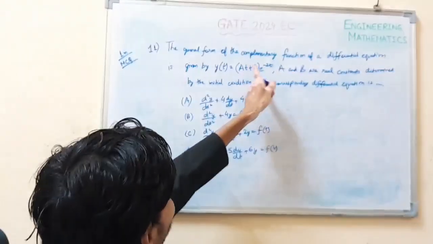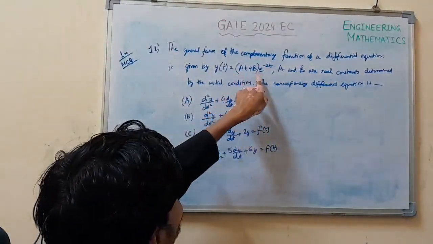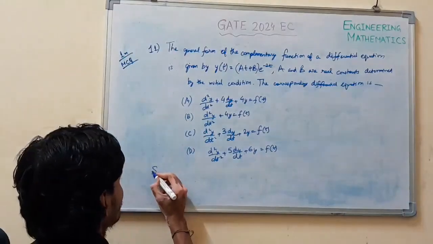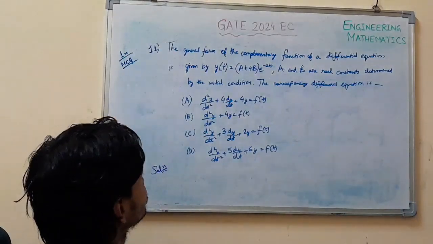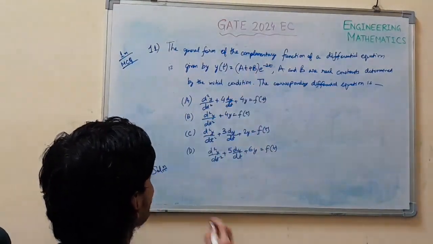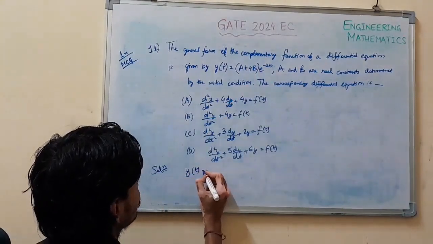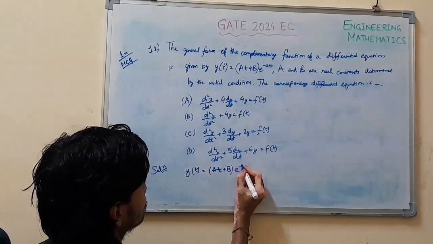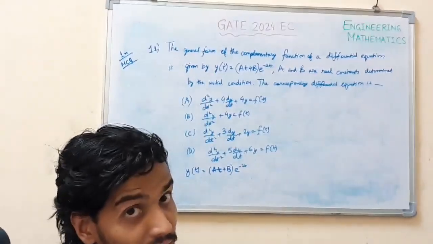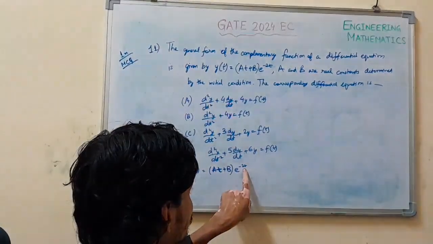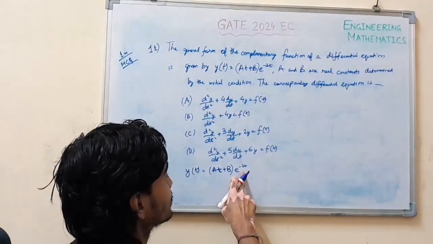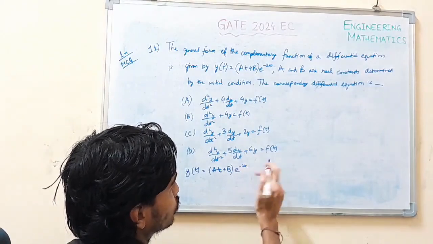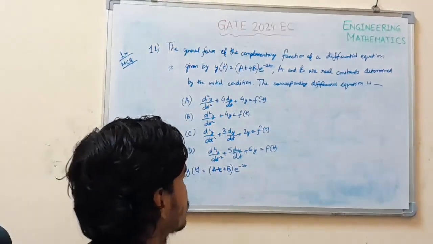Here the general solution of the differential equation is given and we need to find the differential equation. It's pretty simple actually. Whenever any general solution is of this form, (at plus b) e to the power minus 2t, it means the corresponding auxiliary equation has repeated roots at minus 2.